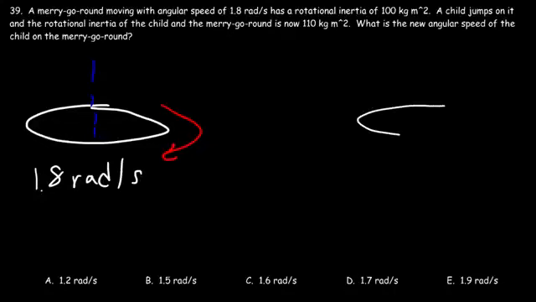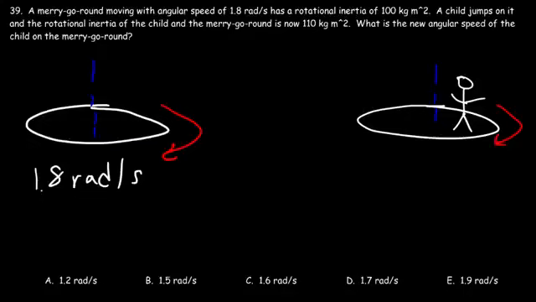So what's going to happen to the angular speed if a child jumps on it? Will the merry-go-round spin faster or slower? That's what we need to figure out.